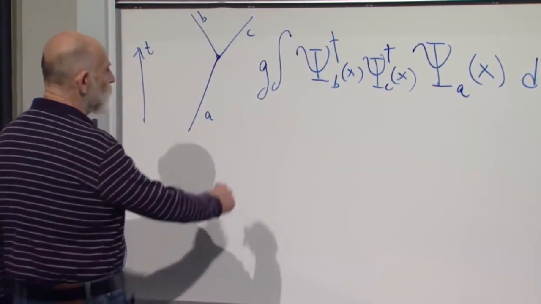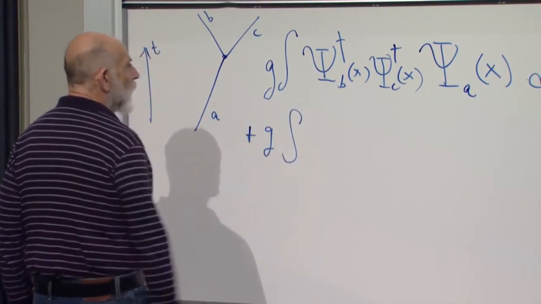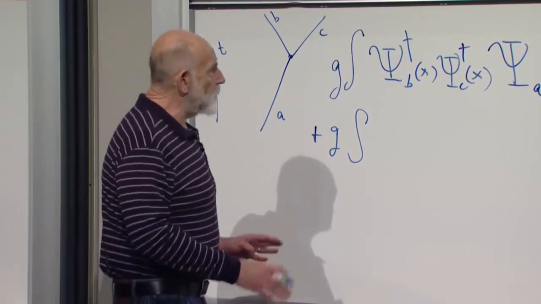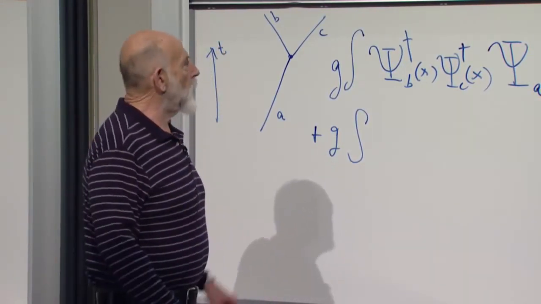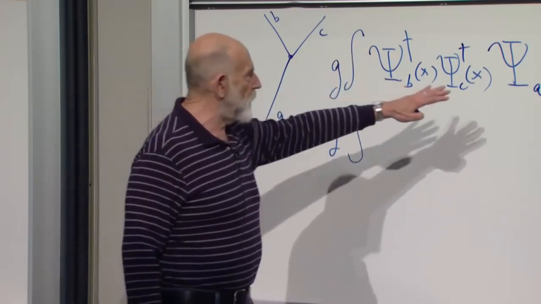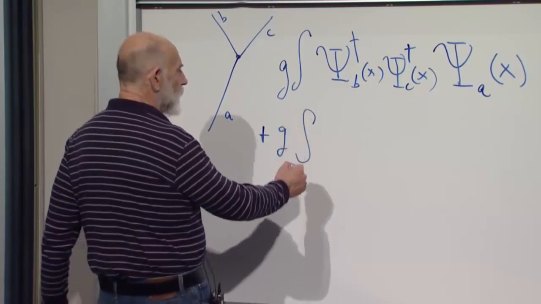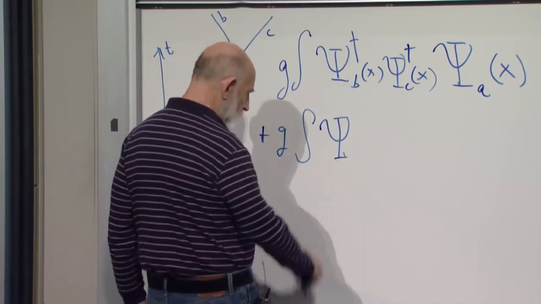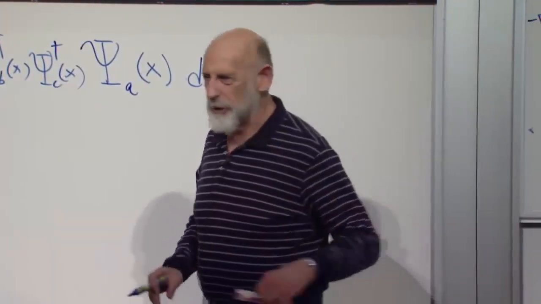To make it Hermitian, you must add its Hermitian conjugate. Its Hermitian conjugate is the same operator, except with everything replaced by its conjugate. And you also have to remember when you Hermitian conjugate things, you've got to change the order, but in this case it wouldn't matter. But let's do it anyway. It doesn't matter in this case, because if they're different fields, they commute with each other.